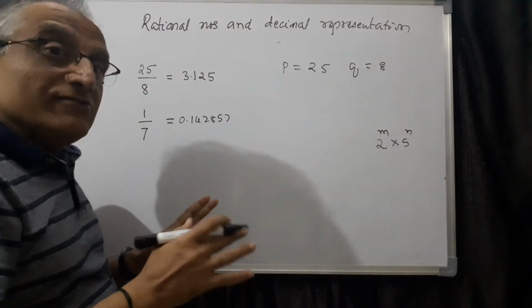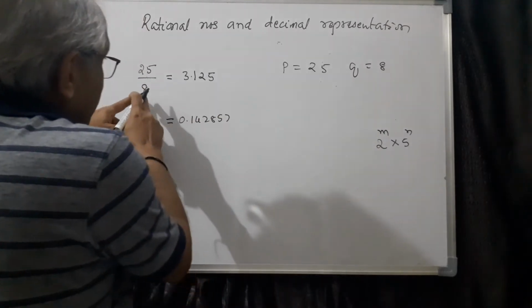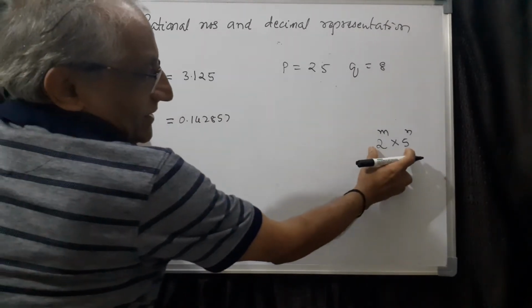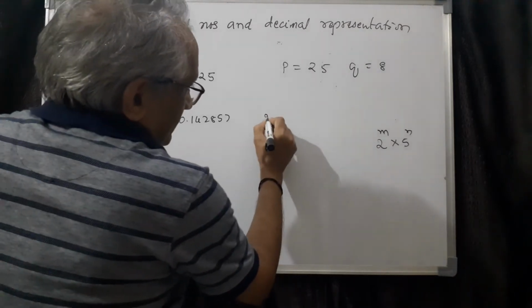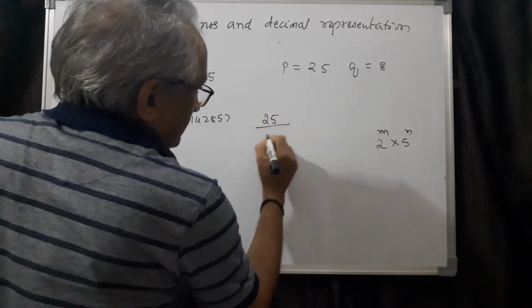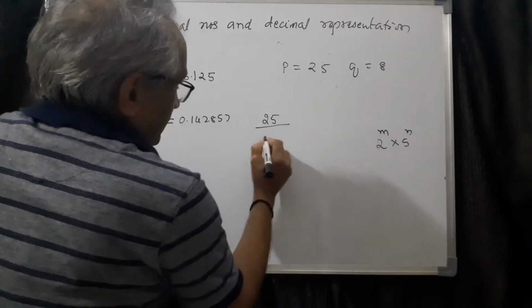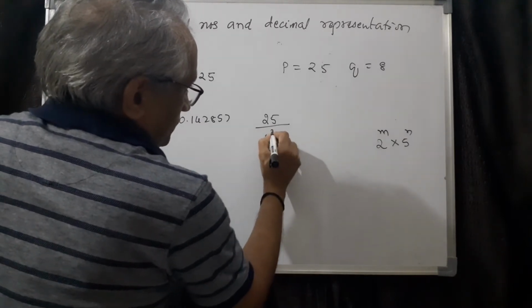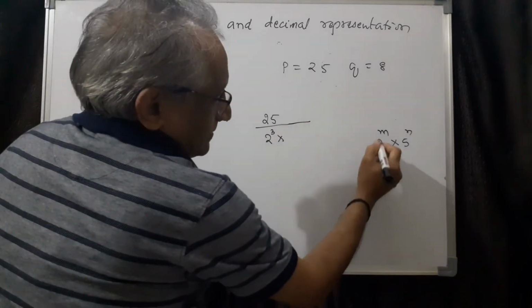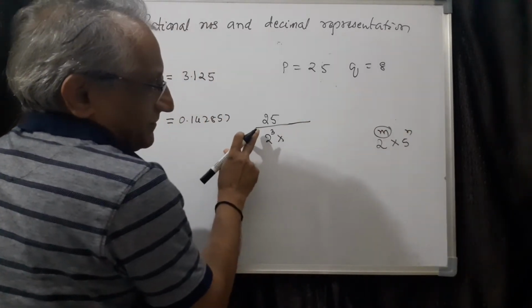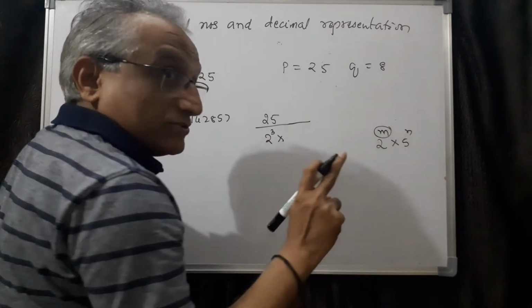You can multiply, divide, anything, but you should write this in terms of powers of 2 and 5 only. So 8 can be written as 2 cube. Therefore 25 divided by 8 can be written with 2 power m, so here m is 3, times 5 power n.